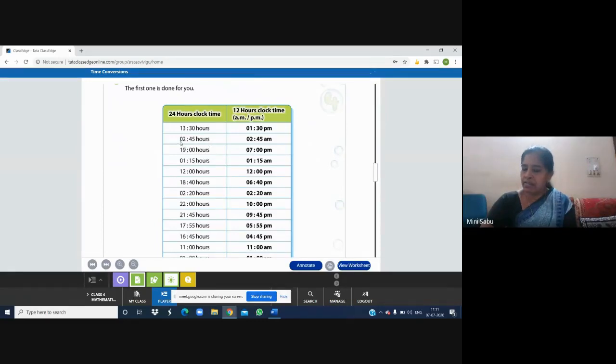Here 0 is given on the left. That means, first of all, understand the time is AM. Then you don't have to make any change. Write it as it is and AM. 2:45 AM. Okay, clear?